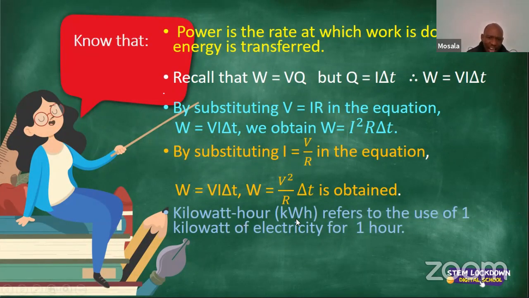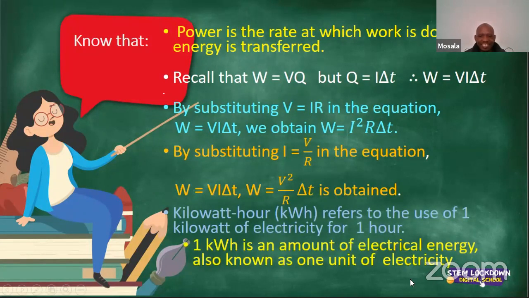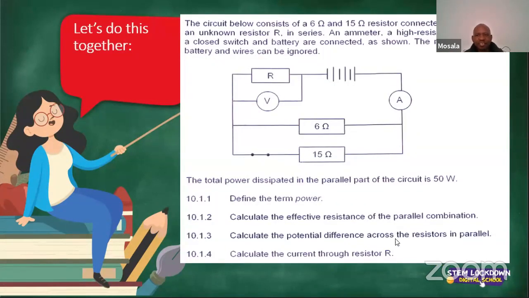Now, kilowatt hour, kWh, refers to the use of 1 kilowatt of electricity for an hour. So kilowatt hour is the amount of electrical energy. It is also the unit of electricity.